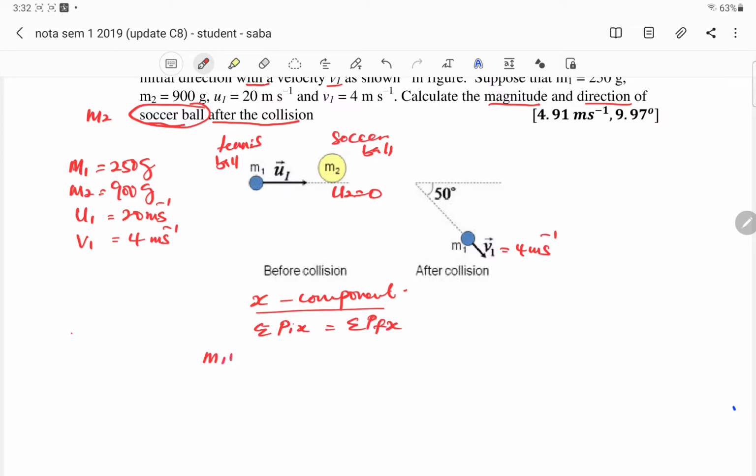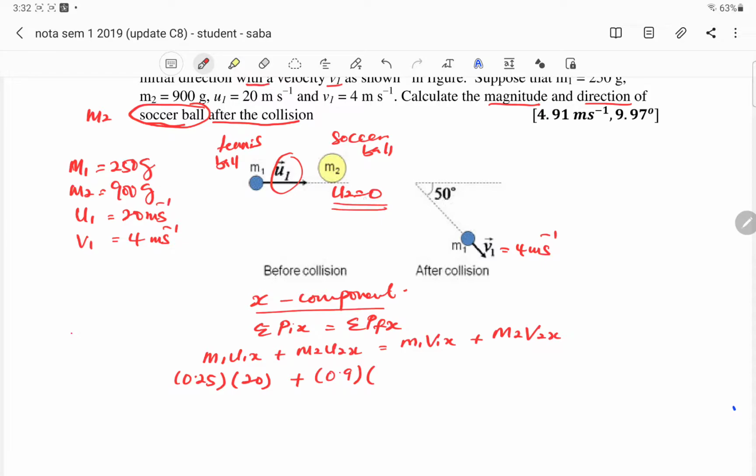So m1 u1x plus m2 u2x equal to m1 v1x plus m2 v2x. M1 we have 0.25, U1 is 20, plus M2 0.9, U2 is 0 along x component.